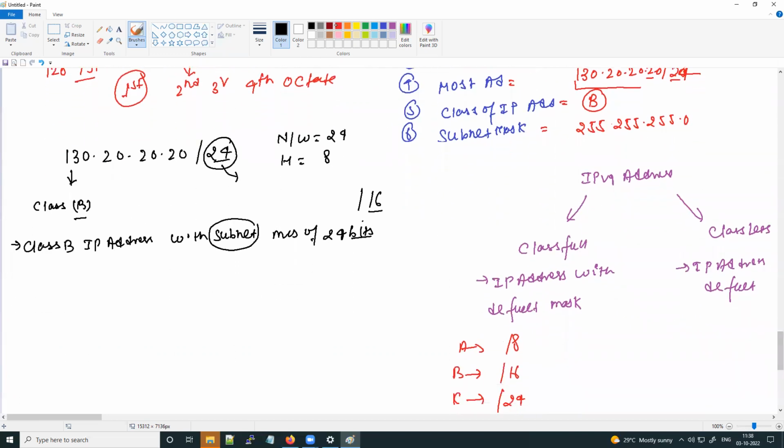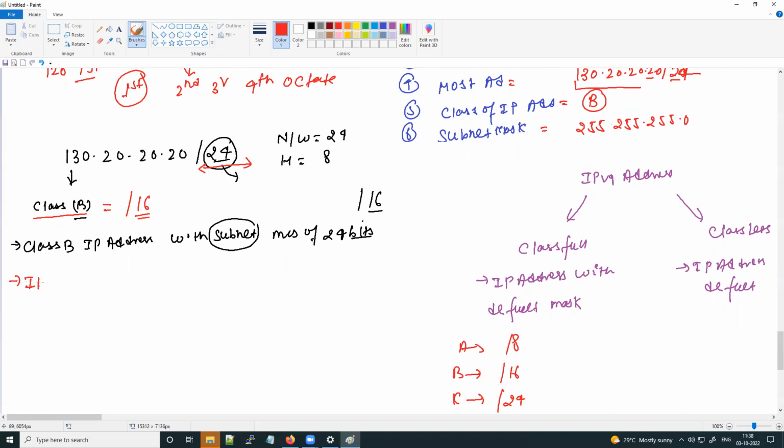If you see this IP address once again, the class B mask here is /24. Technically, for class B the mask should be /16, but it's not 16, it's greater than 16. So if we have an IP address with a mask greater than the default mask, that comes under subnetting.